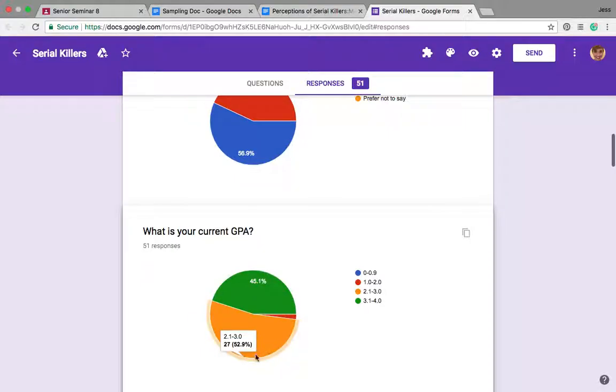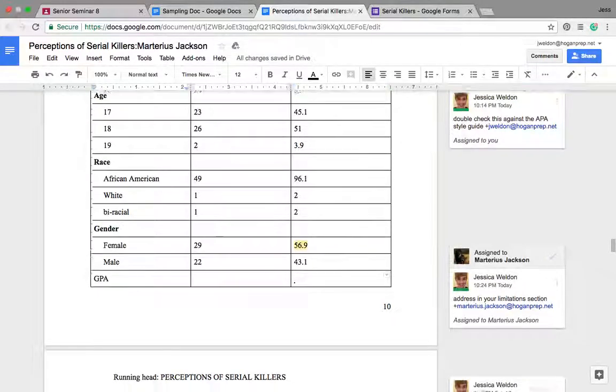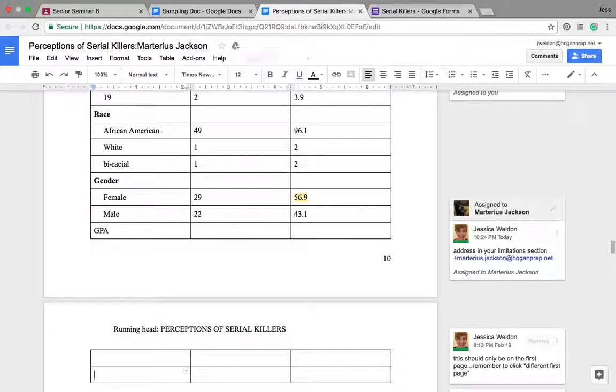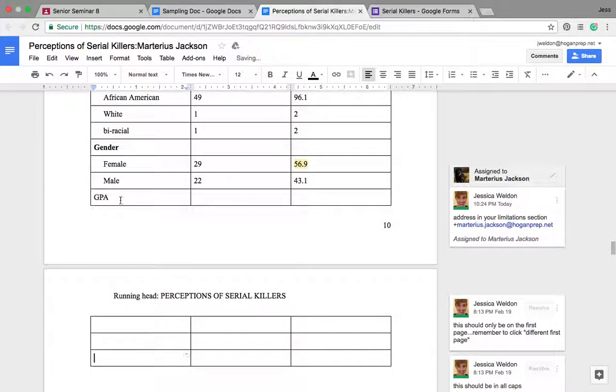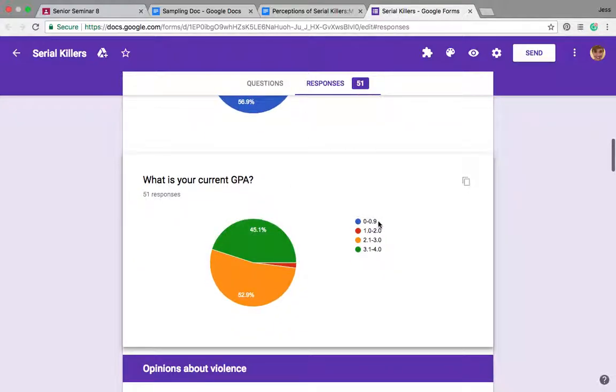Alright, so there's 3 sections here, and I'll only have 1 more row. So I'm going to hit tab, tab, tab, tab, tab, tab. Okay. It's like a makeup tutorial. 1, 2, 3, 4, 5. So I'm just not going to report on this because there were no respondents in this GPA range.